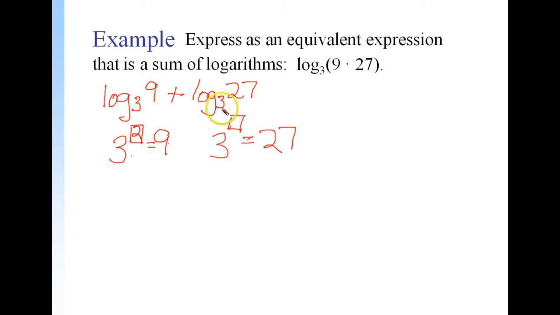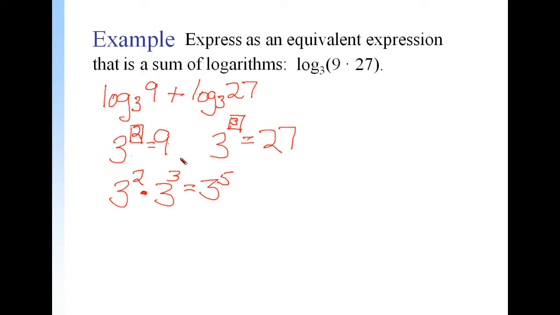And this is base 3 raised to some exponent to give you 27. What exponent will this be? 3. So if we were to add our exponents, which would look like this, 3 to the second times 3 to the third, we get 3 to the fifth.